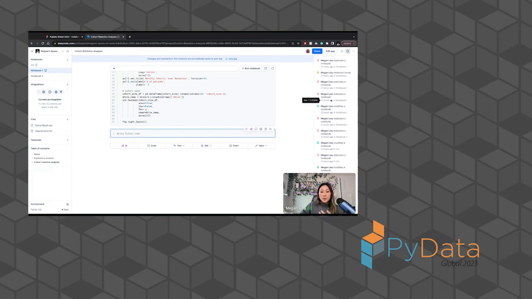If you have multiple users working in the same notebook, you'll see them pop up here as bubbles, similar to Google Docs, if they are in here at the same time. But this versioning will track everybody else's changes as well, and you can always roll back to any of those prior versions.